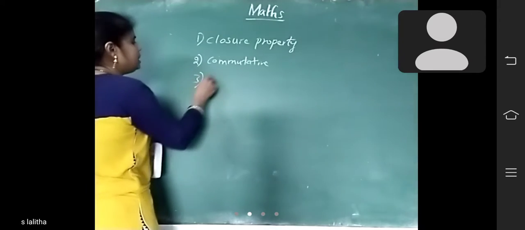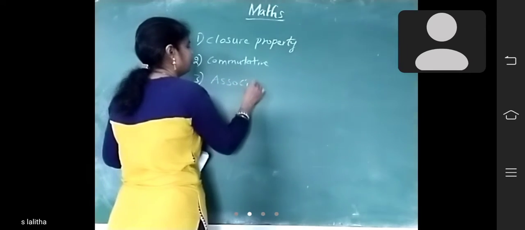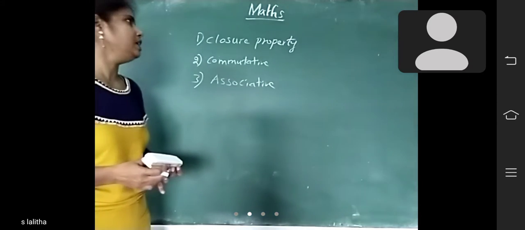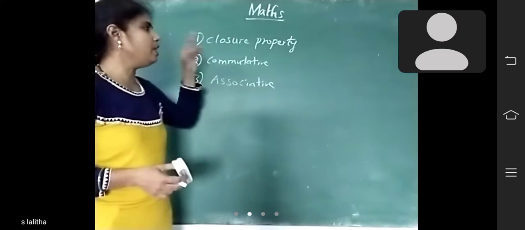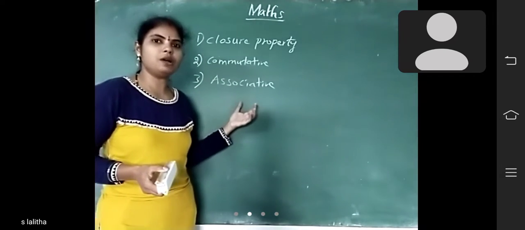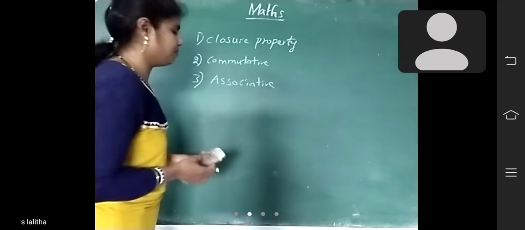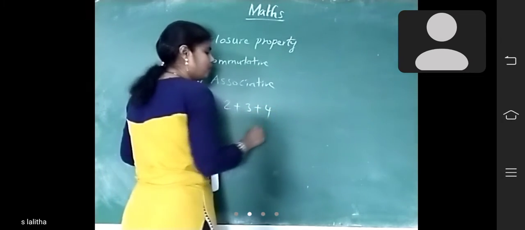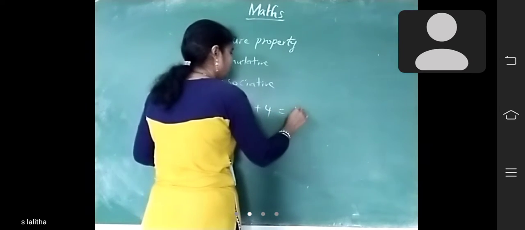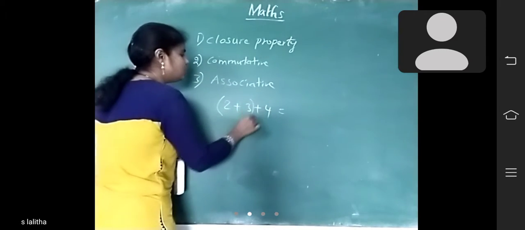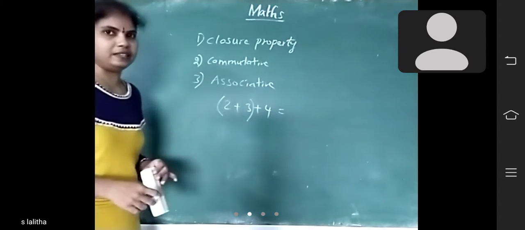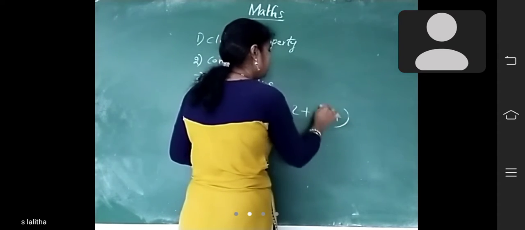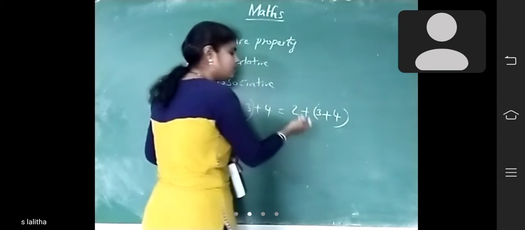And next property is associative property. What is called associative property? In closure property and commutative property, we are taking two integers. But in associative property, we are taking three integers. Suppose 2 plus 3 plus 4 is there. On the left side, first I add the first two integers, then add the third integer. On the right side, first I add the second and third integers, then add the first integer.